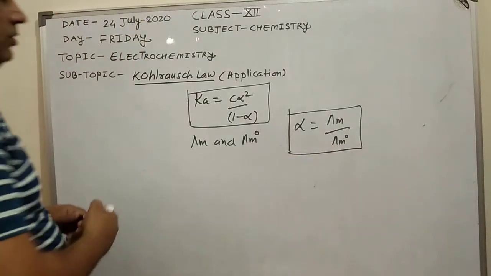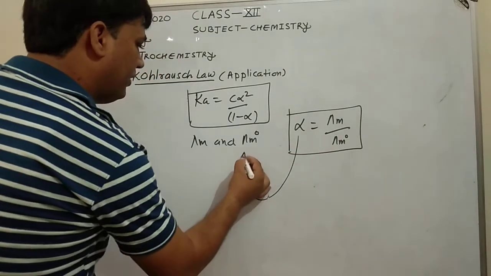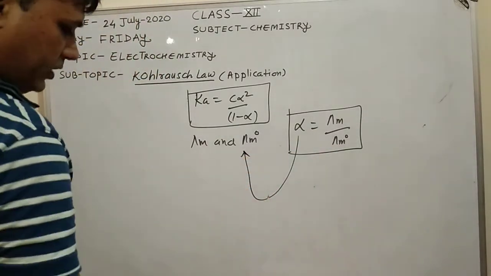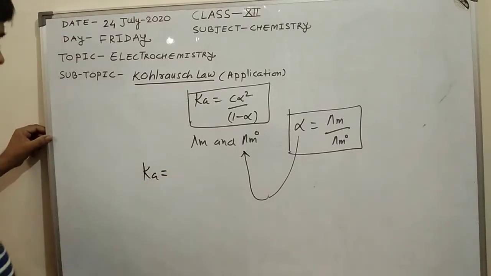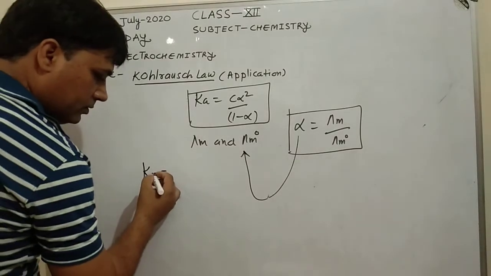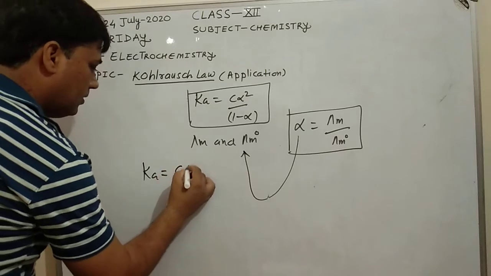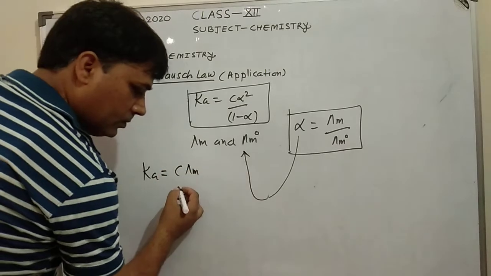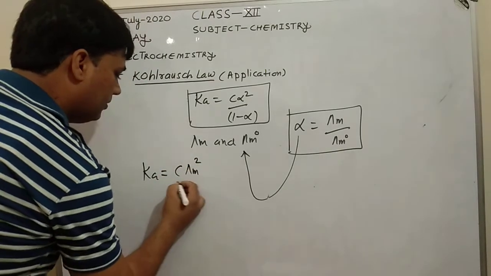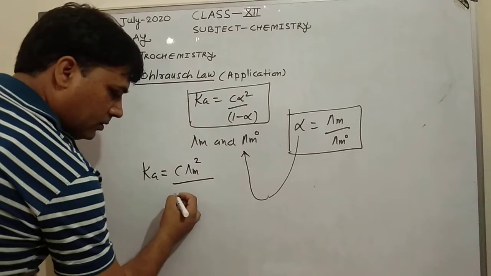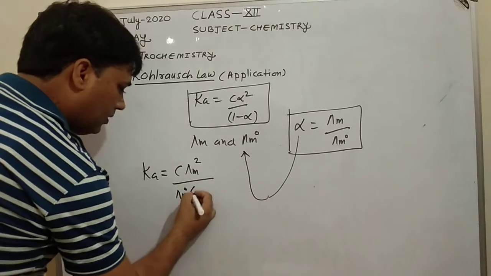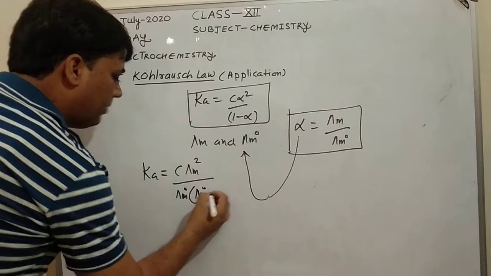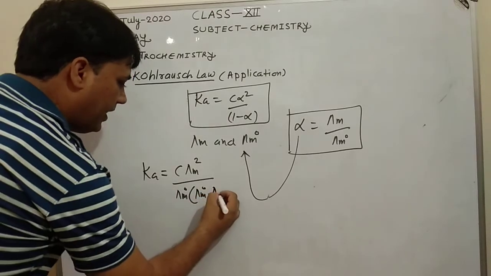So by putting the value of alpha in this equation, we get Ka is equal to C lambda m square divided by lambda m naught into lambda m naught minus lambda m.